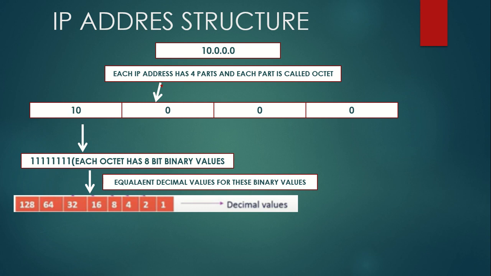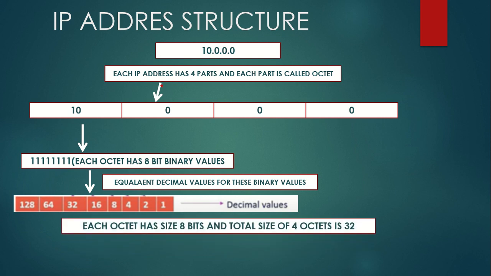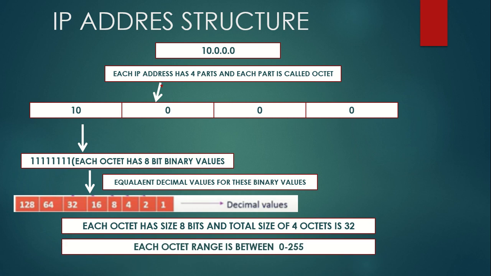The total of these values is equal to 255. Now each octet has 8 bits and the total size of these 4 octets is 32. So each IP address has 4 octets, and that size is 32. Each octet range is between 0 and 255.